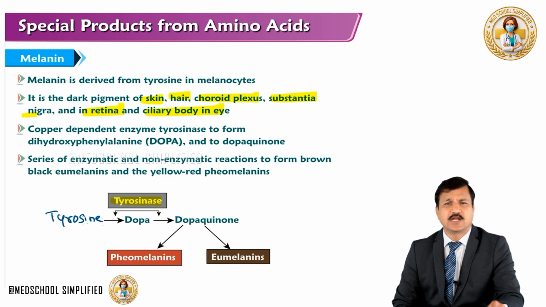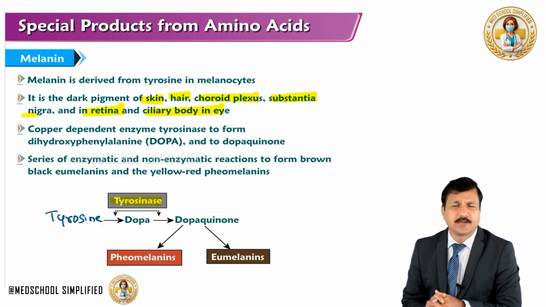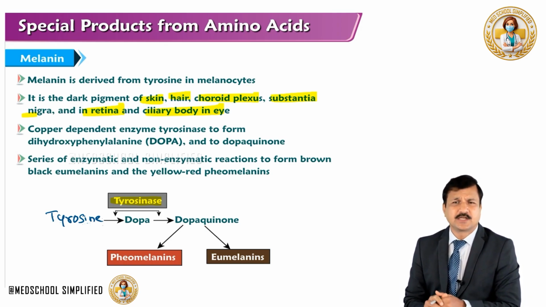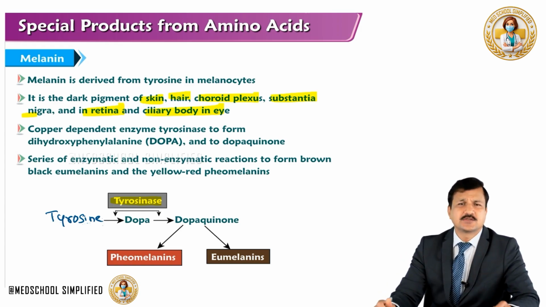Higher exposure to sunlight will increase the tanning process, meaning pigmentation increases, which is called tanning. Living indoors may decrease that pigmentation, so that kind of variation can be seen. Otherwise, tyrosinase enzyme expression is more of a genetically mediated thing. That's why we see individuals with different skin pigmentation. And remember, the higher the melanin pigment, the more it protects our skin from ultraviolet light.